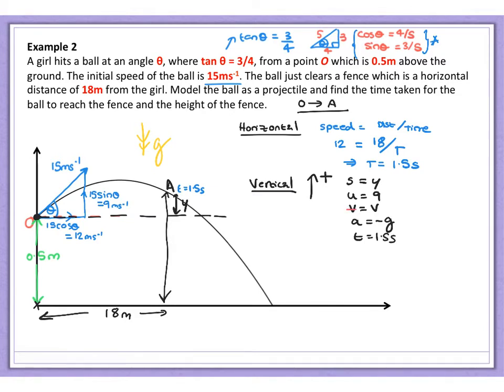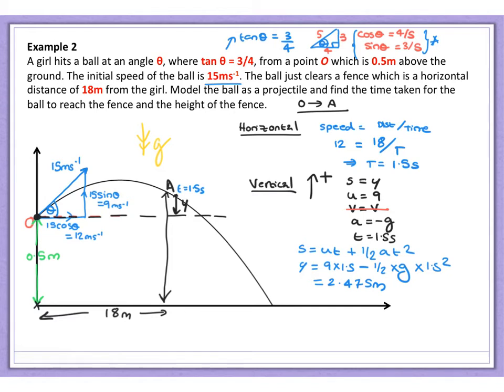So ruling out V, as we don't have that information, we again come back to S equals UT plus a half AT squared. So Y is equal to 9 times 1.5, etc. And then calculating Y, this gives us an answer of 2.475 meters.